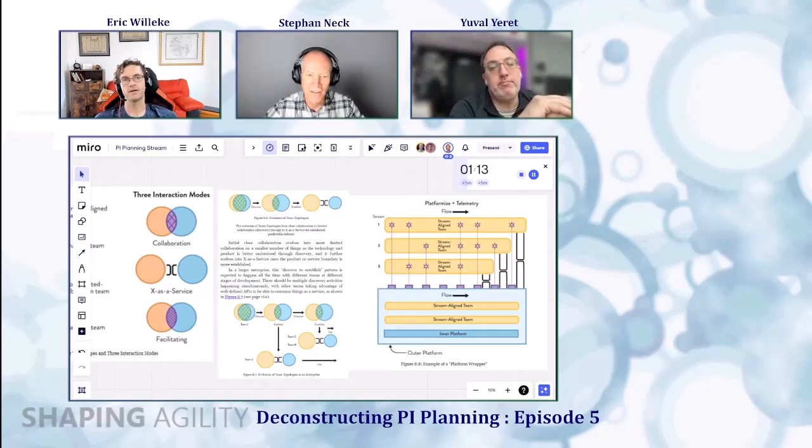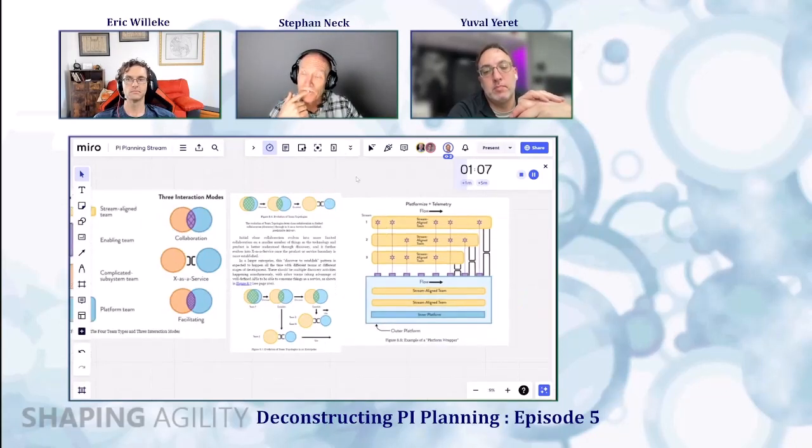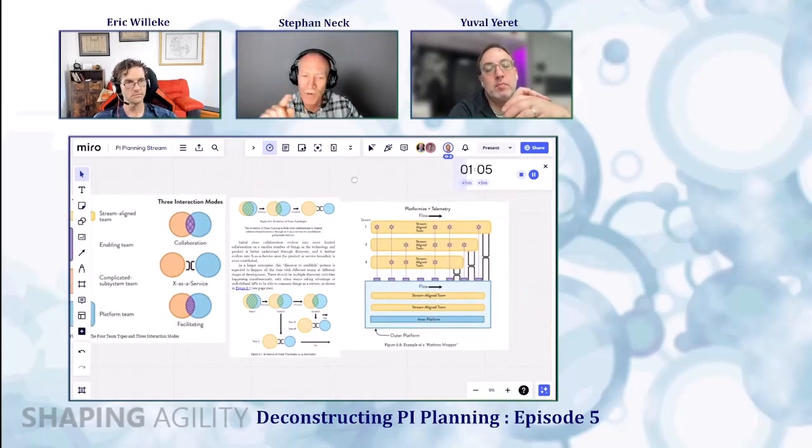That brings me, I like the keywords you threw in, Eric, and it makes me think about, again, preparation time before PI planning. How do you establish the collaboration cross-domain wise? How do you bring the people to this collaboration?